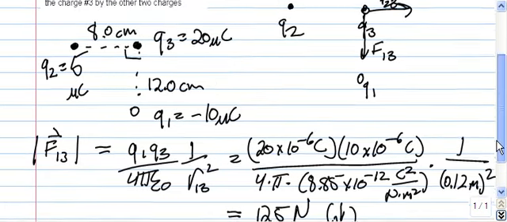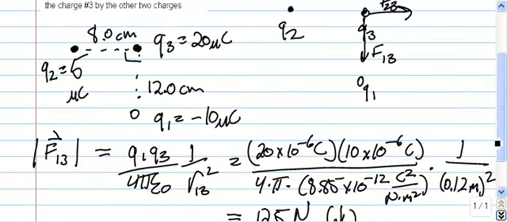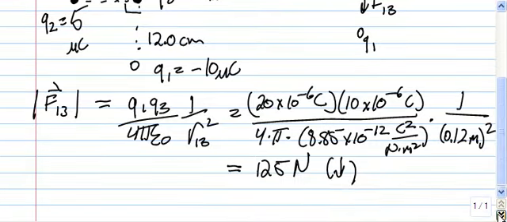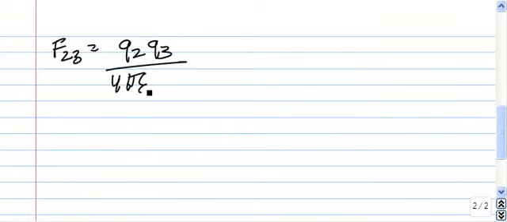All right, let's take a look again. We've got another force between 2 and 3, so let's go ahead and calculate that. The force between 2 and 3 uses the same thing, Coulomb's law. Just put in the numbers. Again, the magnitude of Q3 is 20 microcoulombs.